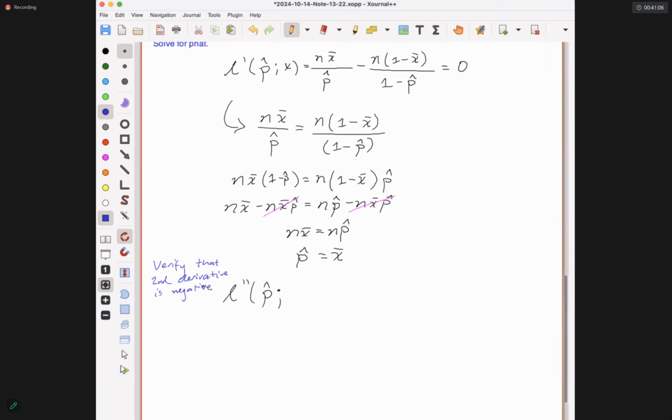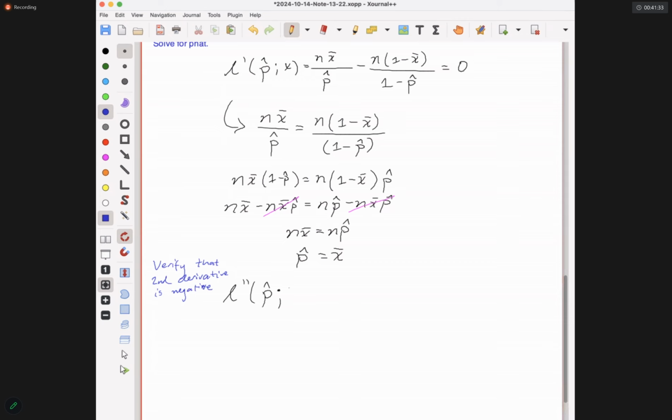Because if the second derivative is negative, that means we have a maximum, that means that the vertex that we found here using that first derivative test is in fact a maximum.